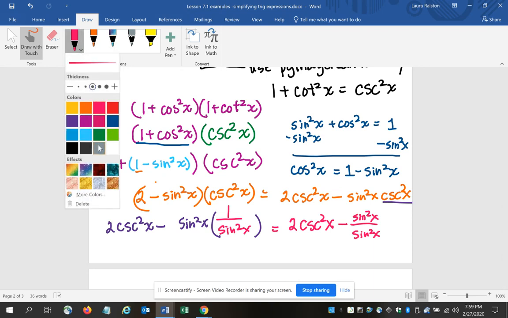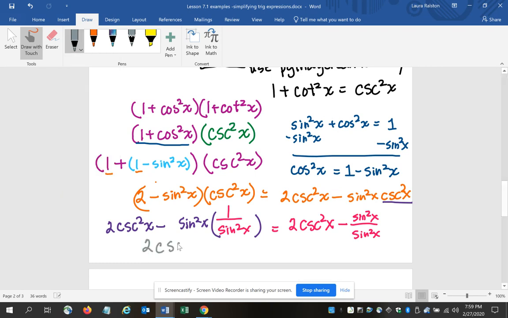So ultimately, when I'm done, I have 2 cosecant squared x minus 1.